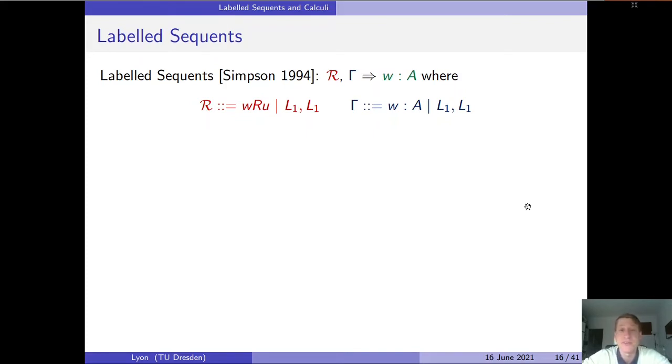So what is a labeled sequent for Simpson? A labeled sequent is essentially a formula of the form shown on the top of the slide. In the antecedent, you have two different types of multisets. You have a multiset R that consists of modal relations, telling you that labels are related to each other. And you also have a finite multiset of labeled formulae of the form wA, where A is a formula from your language.